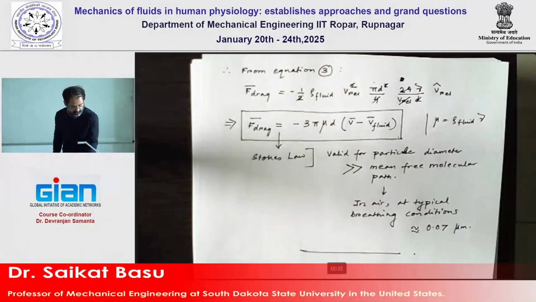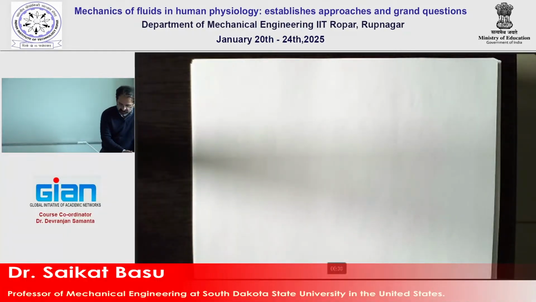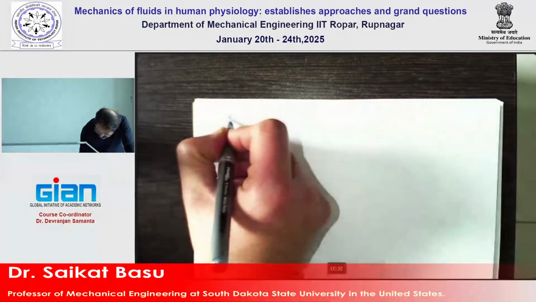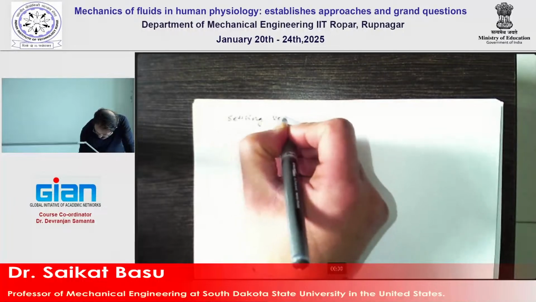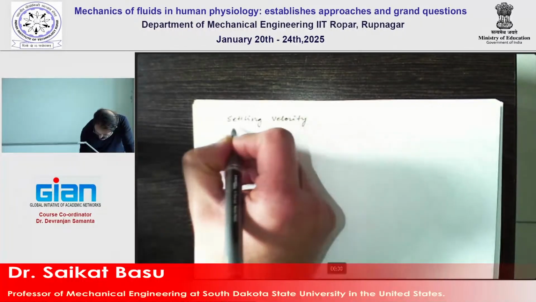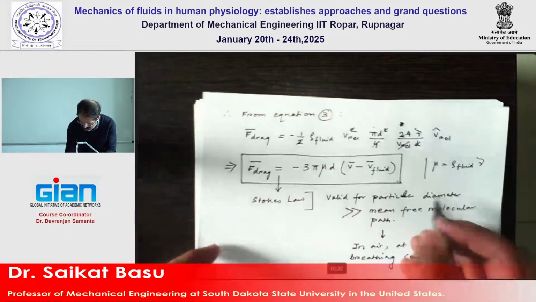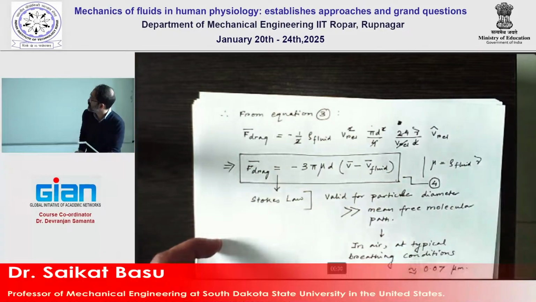Okay, so from here we're going to go into the concept of settling velocity. Do keep track of the equation numbers before we move further. So this is going to be equation 4, which we are going to use later on again.